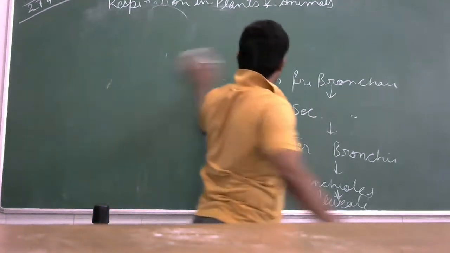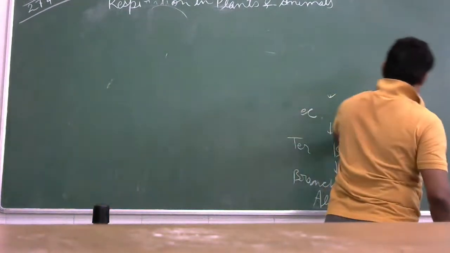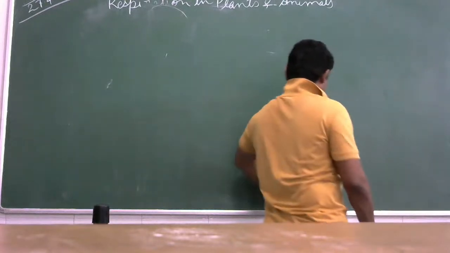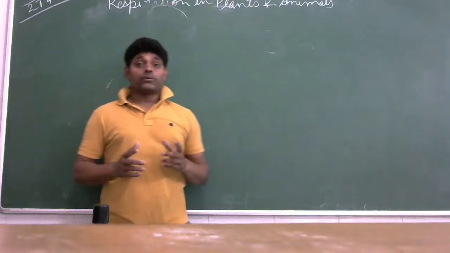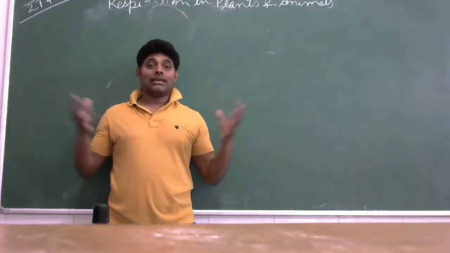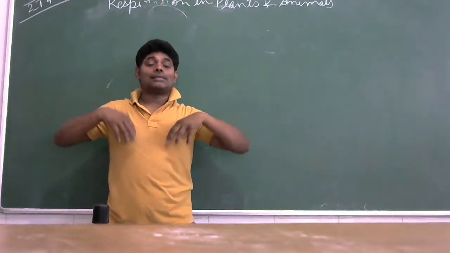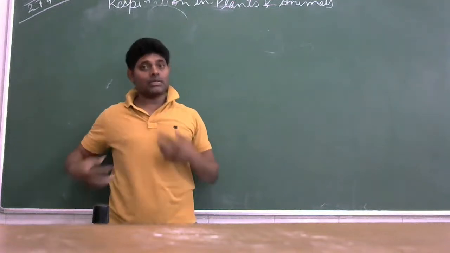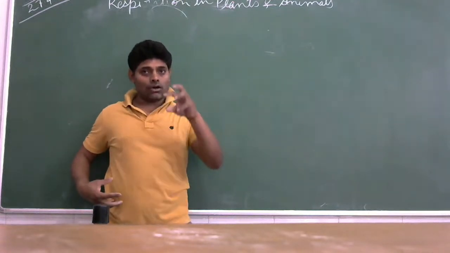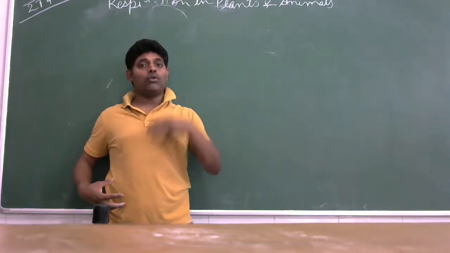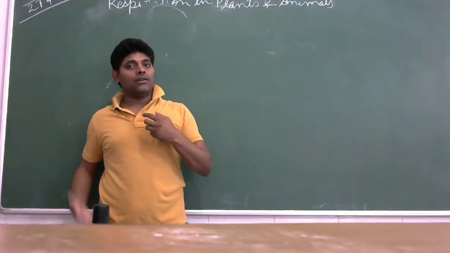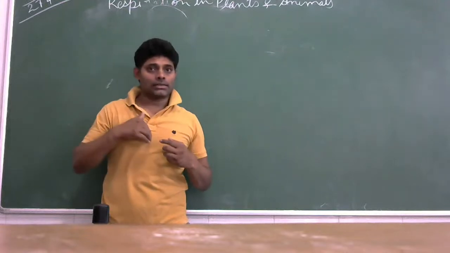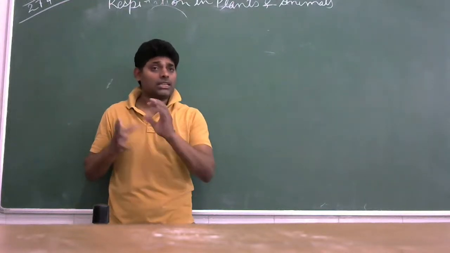One more thing, how the air will get inside and outside. We came to know that the lungs have higher oxygen concentration than the blood, so oxygen molecules will move from lungs to blood, carbon dioxide from blood to lungs. This is the diffusion process.